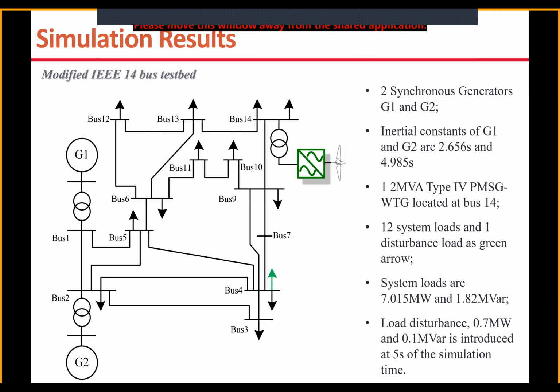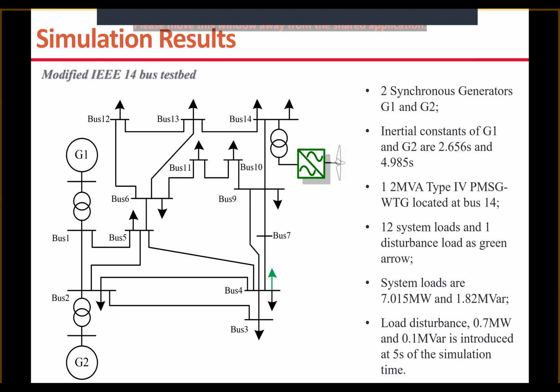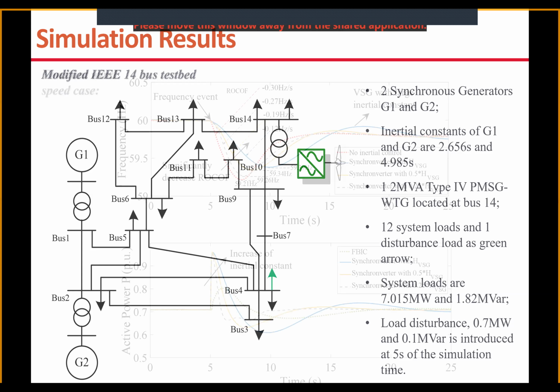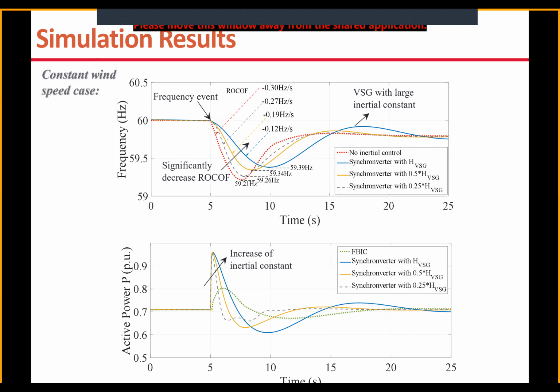we test our controller in the IEEE 14 bus testbed. Obviously, we modified the system so that we have a wind turbine here, and also we have load change. This picture shows the simulation results.